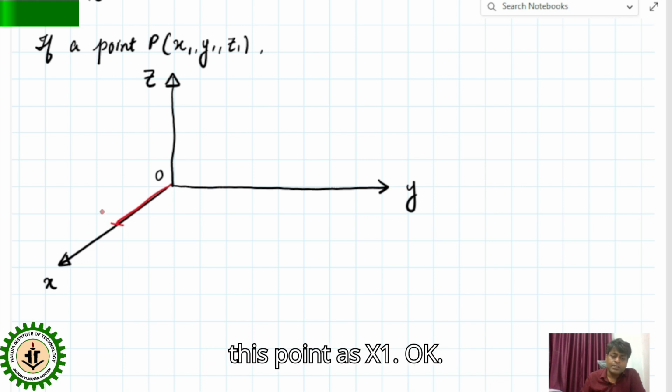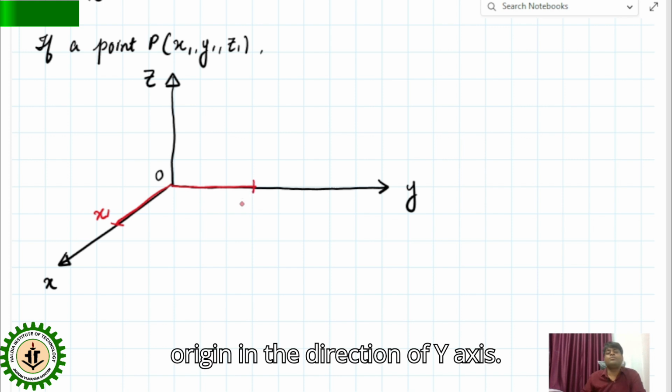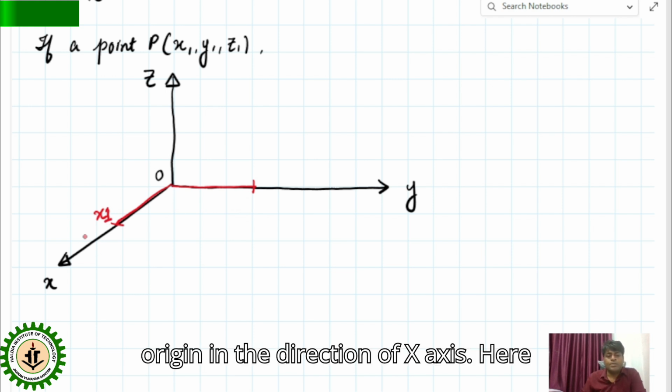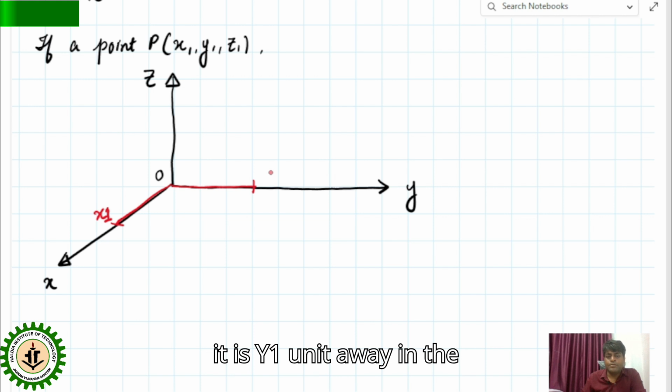Let me take this point as x1. Okay. Now it is y1 units away from origin in the direction of y-axis. Here it is x1 unit away from origin in the direction of x-axis. Here it is y1 unit away in the direction of y-axis. Okay.